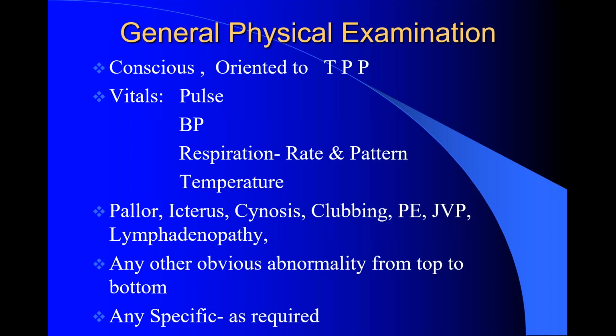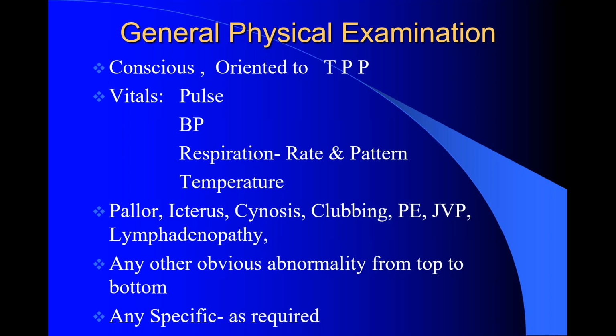Then you have to look for any other obvious abnormality present from top to bottom. Like the patient has significant alopecia, some scar, cut marks on the face, or some deformity like saddle nose deformity, or enlarged thyroid. Fine. And any specific as required.